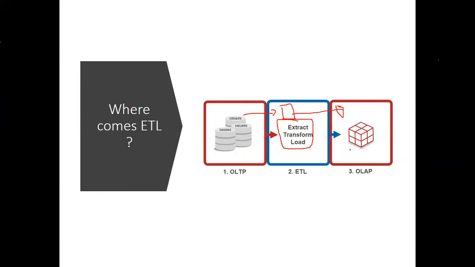And why is this cube there? Let me explain this as well. Whenever you're analyzing the data in the OLAP, that is the data warehouse, the decision support system, you analyze the data based on different dimensions, different subjects. The dimension can be a product: which products got sold more.